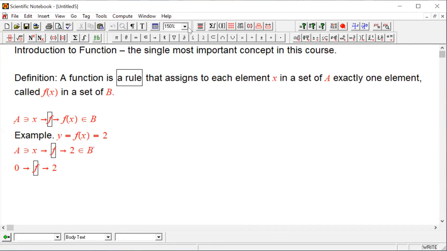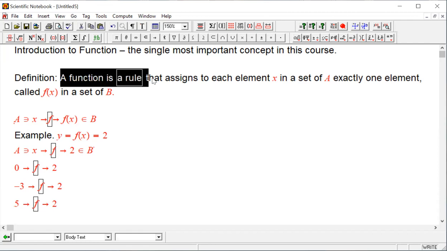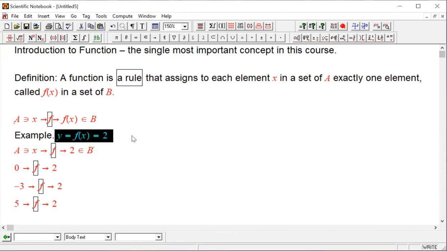If I give the input -3, the output is also 2. If I give the input of 5, the output is also 2. That is the rule. A function is a rule. This kind of function is called a constant function. For each input, we have an output, and for each input the output has to be exactly one. Well, we only have 2.